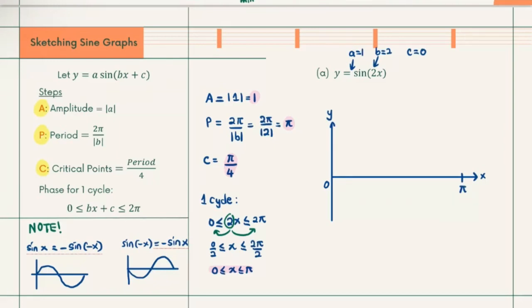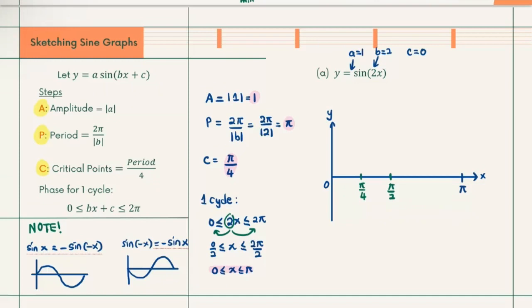Okay, kemudian menggunakan value of our critical point. So 0 plus dengan pi over 4, so ini adalah pi over 4. So pi over 4, kita pluskan lagi dengan pi over 4, so kita akan dapat 2 pi over 4 which is pi over 2.